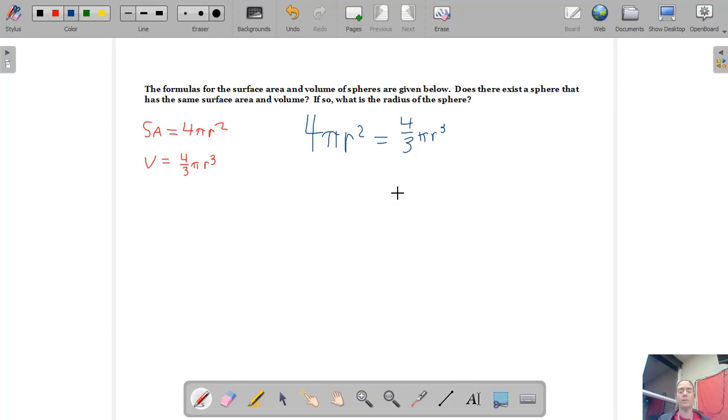Okay, so first thing I'm going to do is get rid of that number in front. So I think that I will go ahead and divide by 4 and divide by 4. You could also divide by 4/3. It's not going to make any difference. Okay, so 4 divided by 4 is 1. So then I have pi r squared on this side.